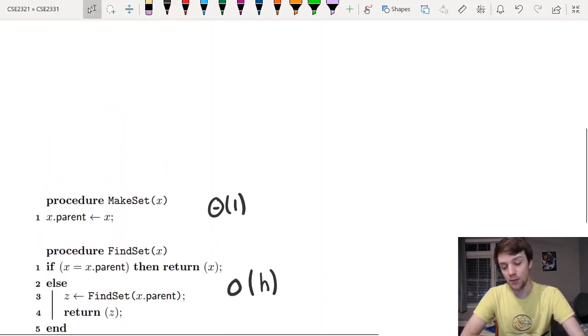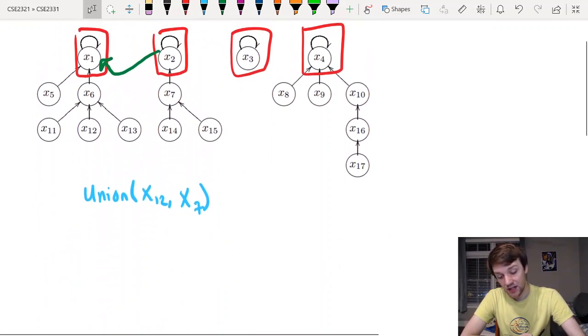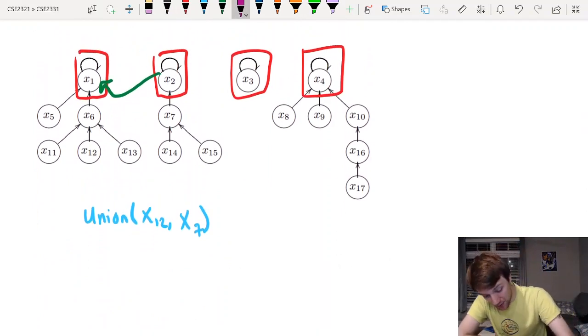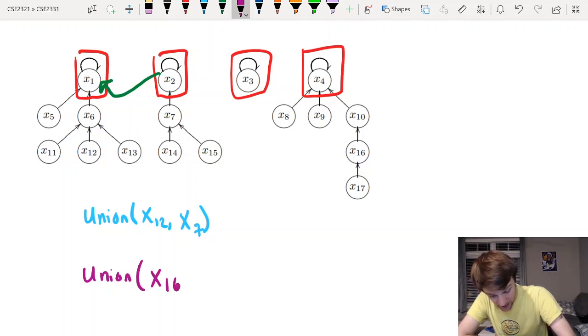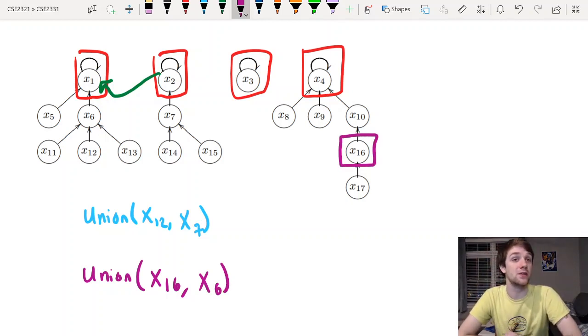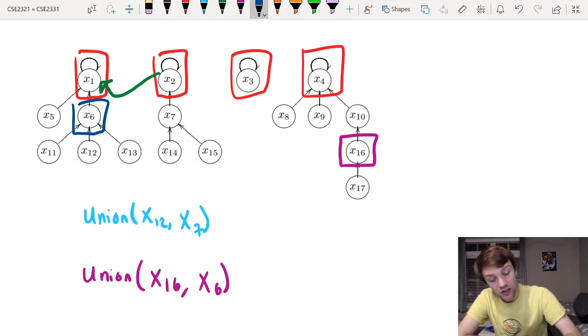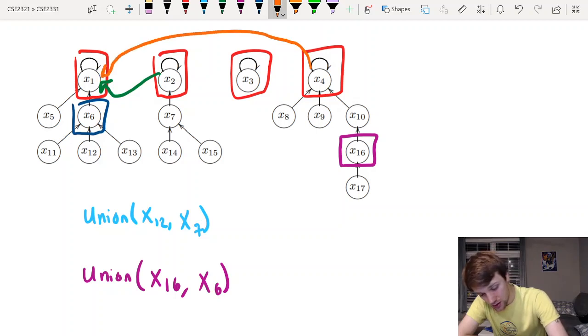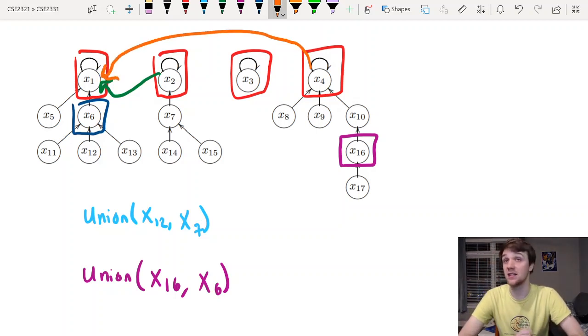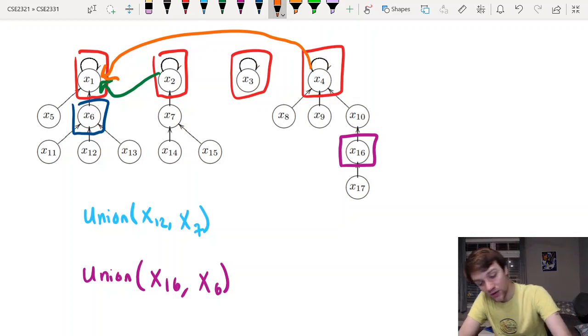So, if we scroll up here, let's say we wanted to do an operation of union x16 and x6. x16 lies in the tree on the far right, and x6 lies in the tree on the far left. We could implement this in one of two ways. We could either attach the tree with x16 to the tree with x6, or the other way around.